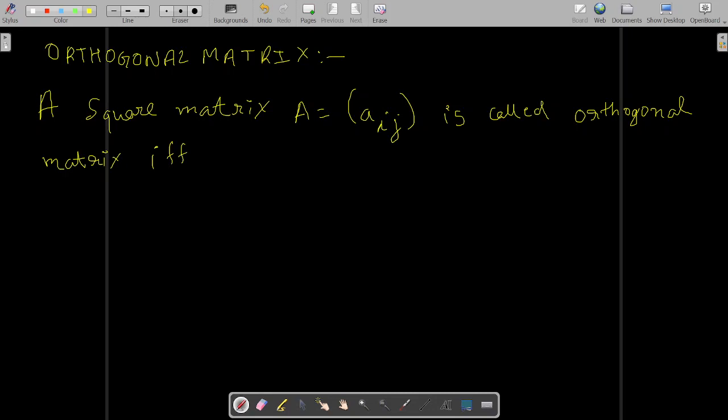If and only if means necessary and sufficient condition. This condition is necessary, meaning it must be satisfied, and this condition solely is sufficient. No other condition is required.